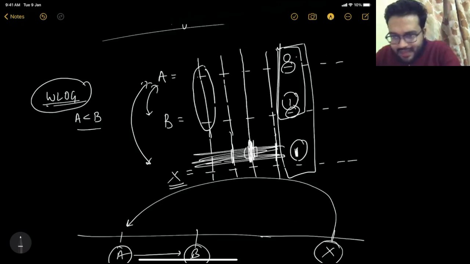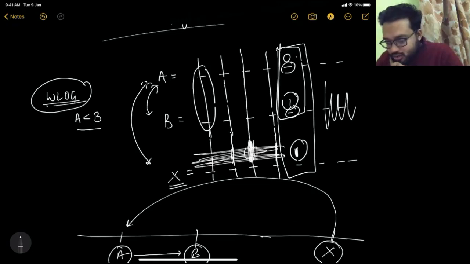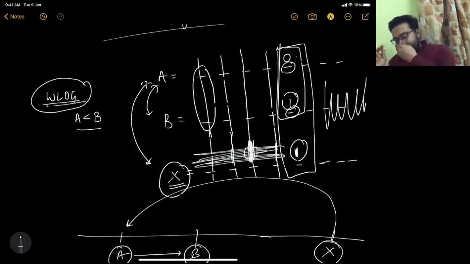Cool, that's good. So now, guys, appreciate. My X will never be able to have a 0 here, because if it had a 0 here, hoping to give me a smaller XOR, my X would have been between A and B. How many of you appreciate this, guys?